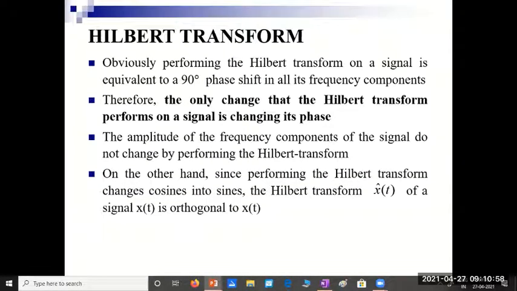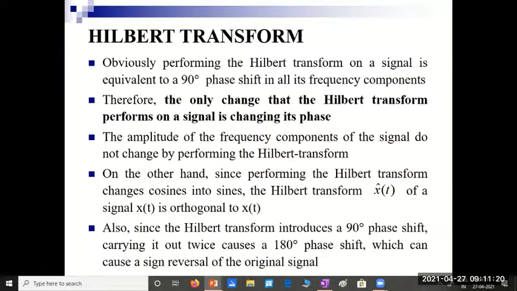Whereas performing the Hilbert transform changes cosine into sine or vice versa. So we can say the Hilbert transform gives me the orthogonal of a given signal. In the sense, if I have a signal x of t, its Hilbert transform x cap of t is orthogonal to x of t.